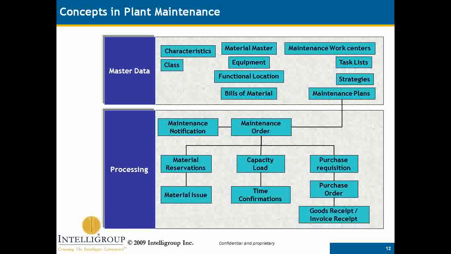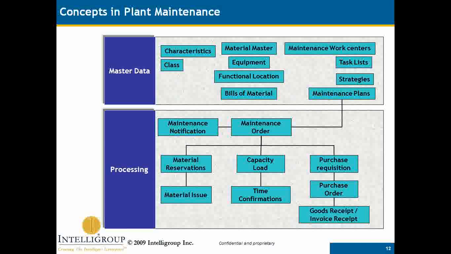To execute those activities, what space is required and who is going to do it? Maybe an electrician, a mechanic, a plumber or a carpenter. How much time is needed? All these things are the planning activities, which will be done by the planner in the maintenance order.